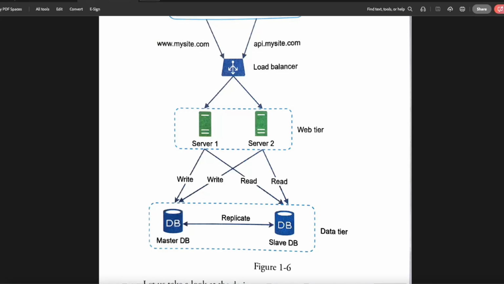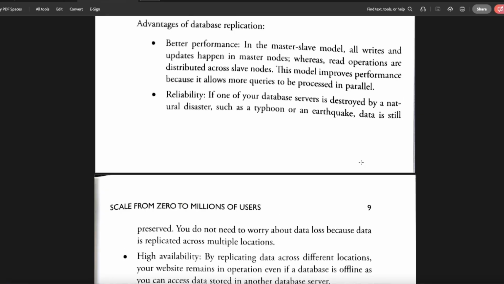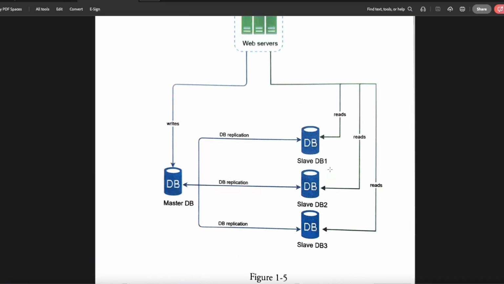Since most of the applications have more reads than writes, this model works very efficiently. So, if we look into the advantages of database replication, there are few, like they will have better performance. Read operations are distributed across multiple slave databases, and it also has high availability, and also it will have high reliability, reducing the risk of data loss.